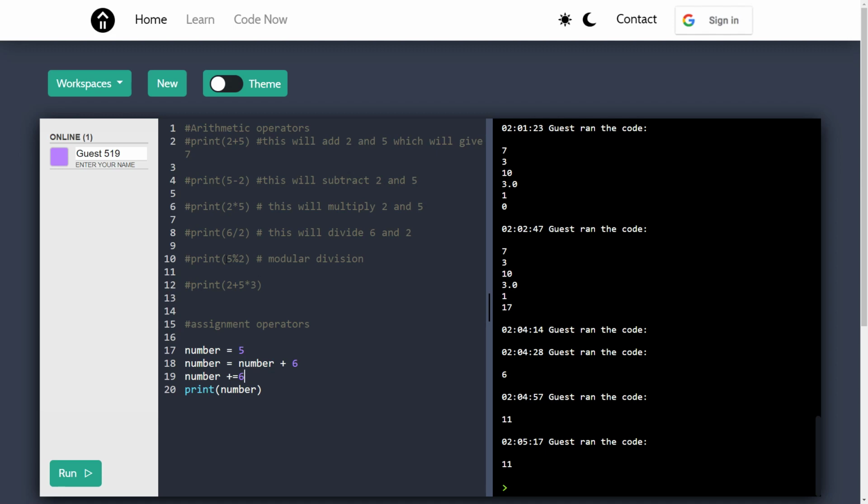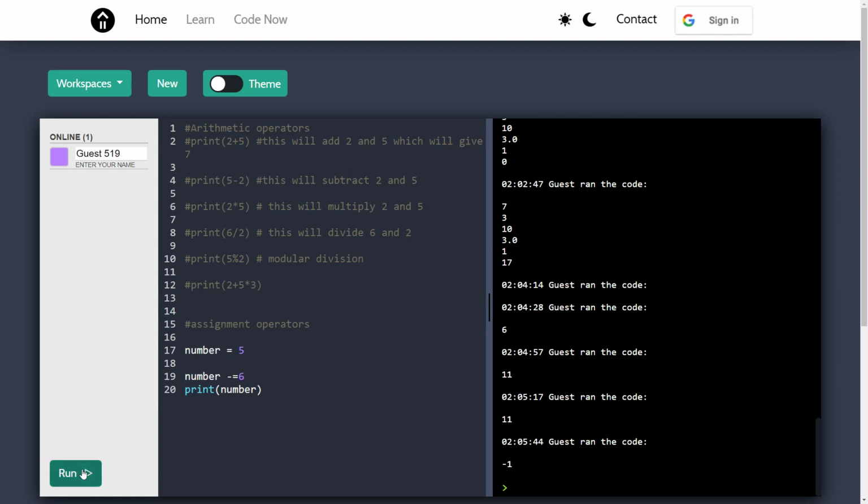Now, just as we had addition, subtraction, multiplication, division, I can do the exact same thing. So right here, I will erase this line. And right here, I can do subtraction. So let's see what this will get. What is 5 minus 6? It is negative 1. Nice. What is multiplication?